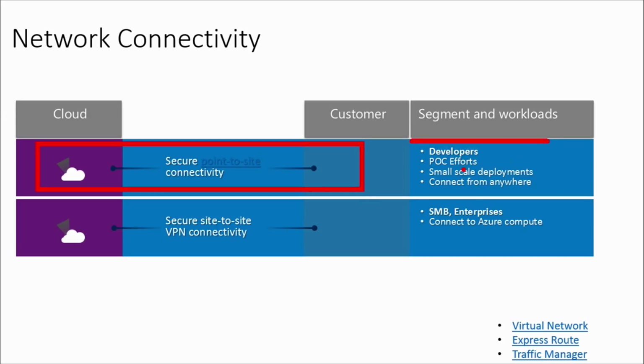This is going to be for things like developers, proofs of concept, or very small deployments. This is not something you're doing for a large-scale deployment, but I have a workstation and I need to connect it up to Azure, so we can do a point-to-site. I need to have a client on my workstation that allows me to connect up to that environment.